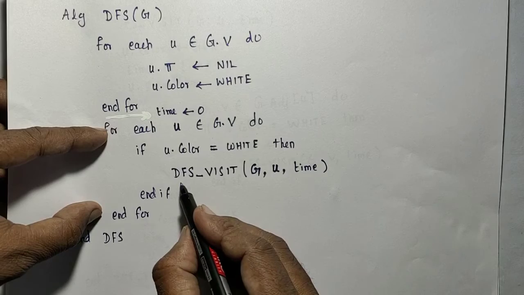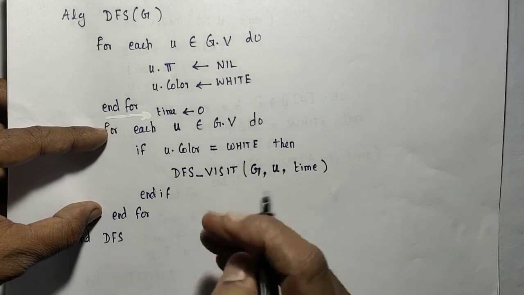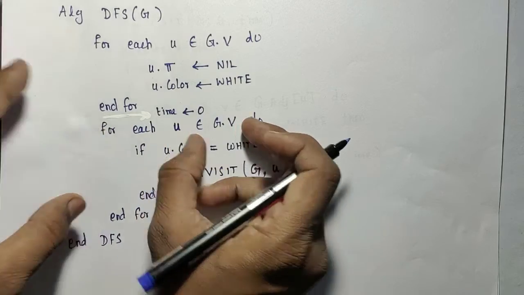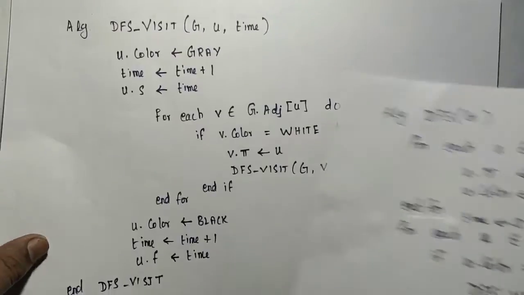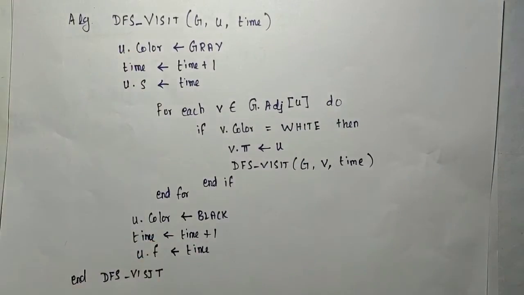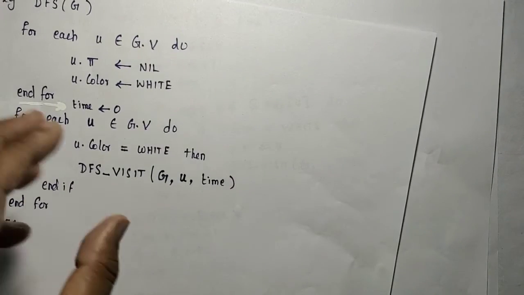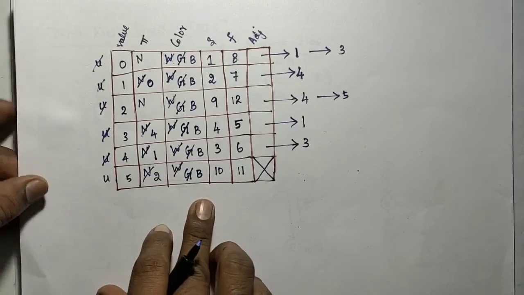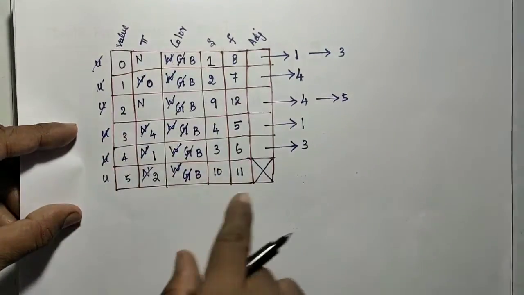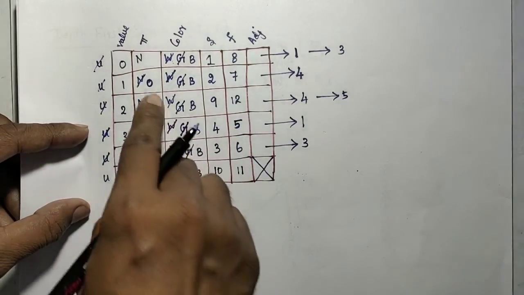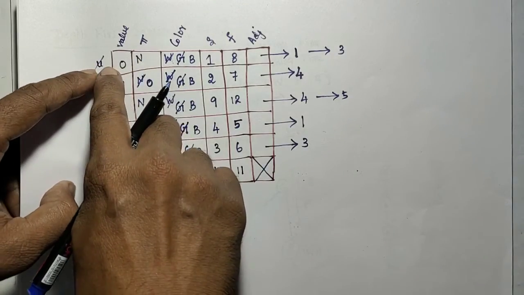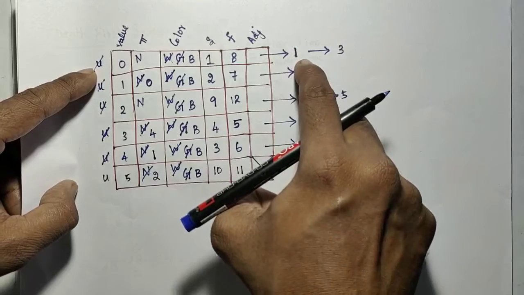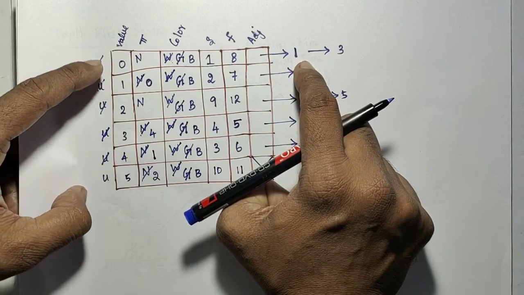Now we need to analyze the DFS visit. How many times the DFS visit is going to be called? The number of V. If you look at the tracing of the DFS visit algorithm, we have started with U, and then we have visited the adjacent nodes of that particular vertex.